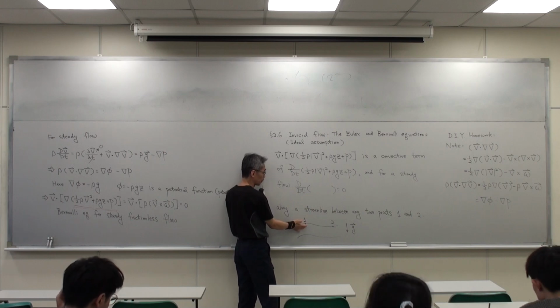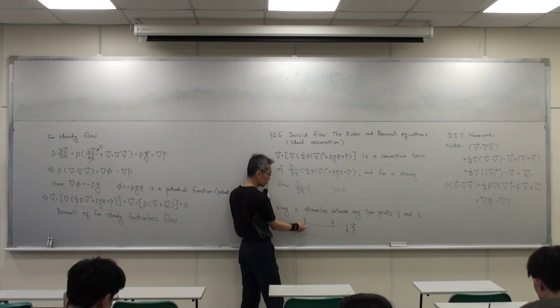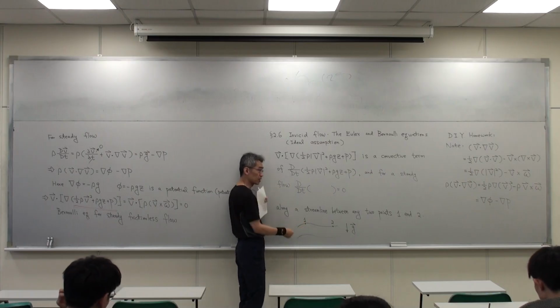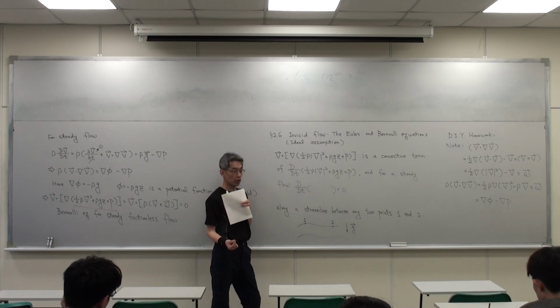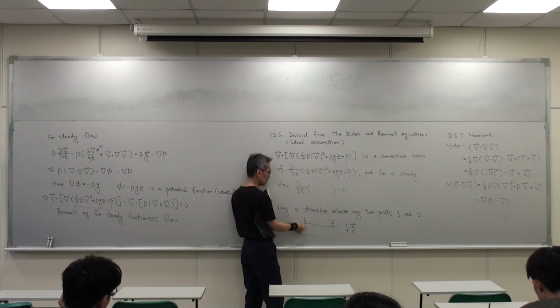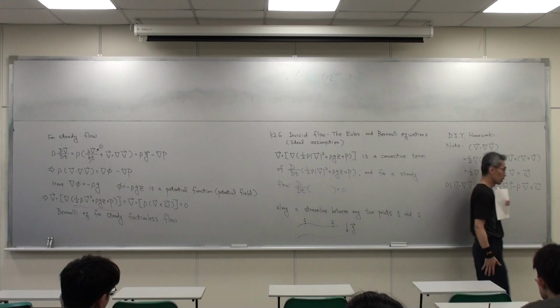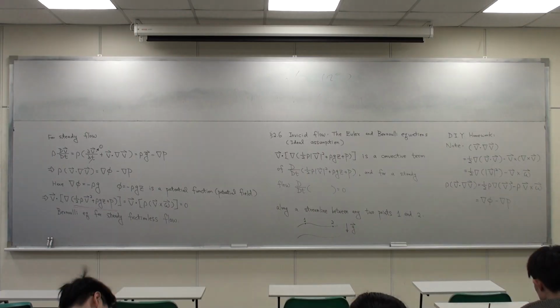If it's steady flow, any particle that goes through this point will have the same value. Under steady flow, partial derivative in time is zero, no matter which particle goes through this point.